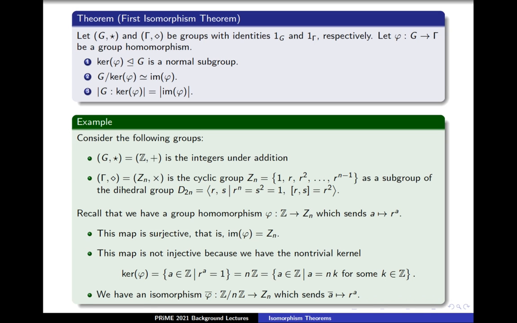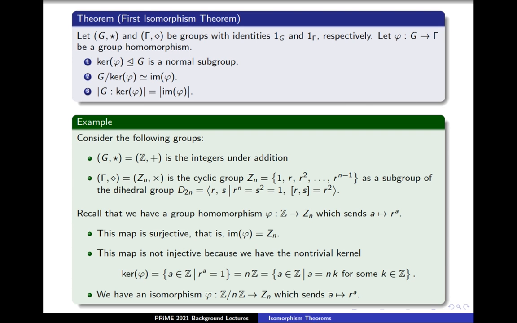Recall that we have a group homomorphism phi from the integers Z to Z sub n, which sends an element little a to r to the a. This map is surjective. That is, the image of phi is all of Z sub n. This map is not injective because we have a non-trivial kernel.